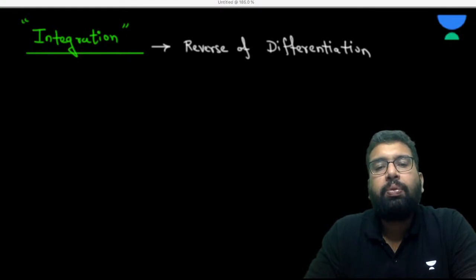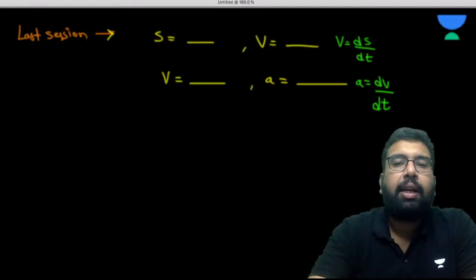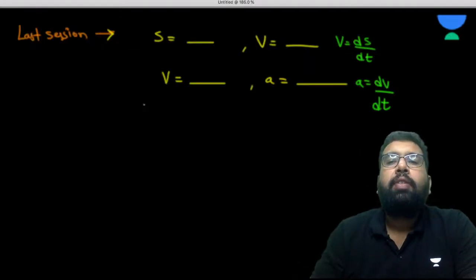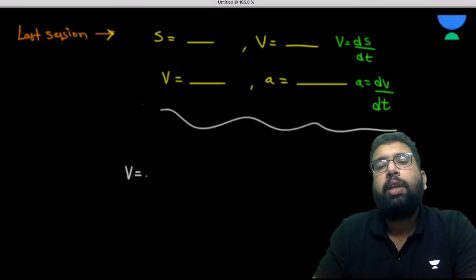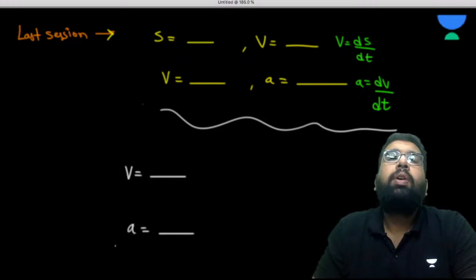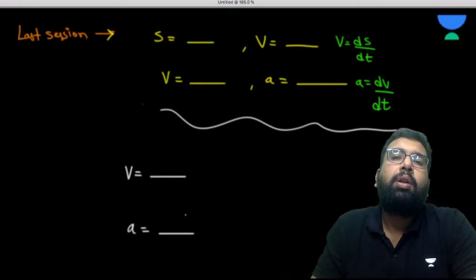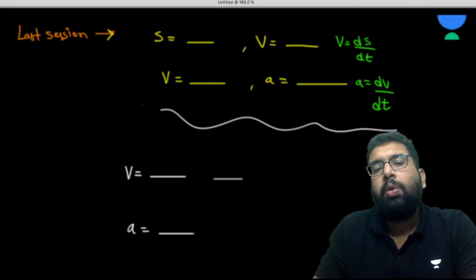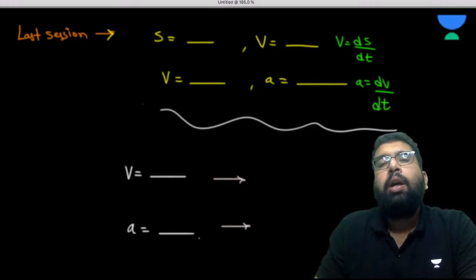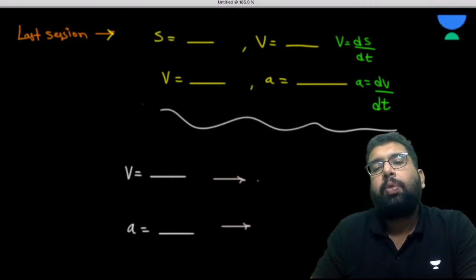So what is the need of it? First of all, in kinematics, this thing we have done with differentiation. Now with integration, let's suppose the information given to us is about the velocity or the acceleration, and from it we want to get the displacement or velocity. For that you have to go in the reverse direction.